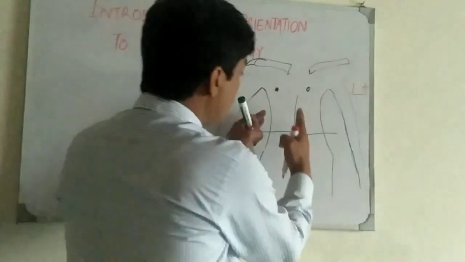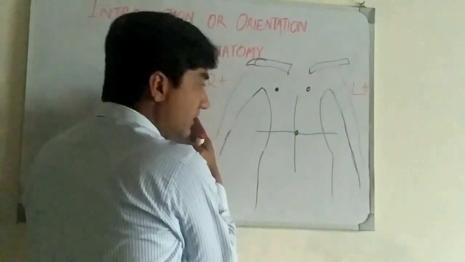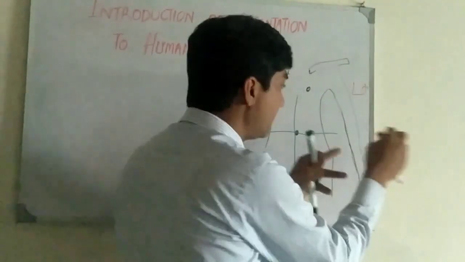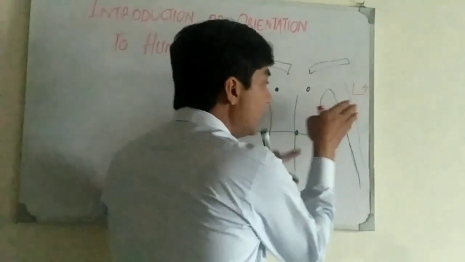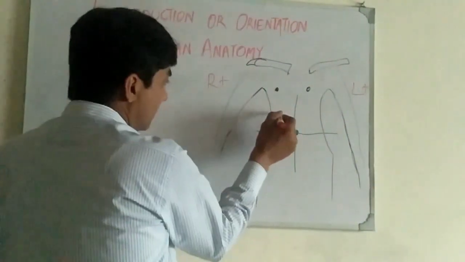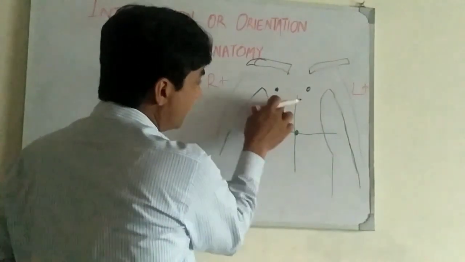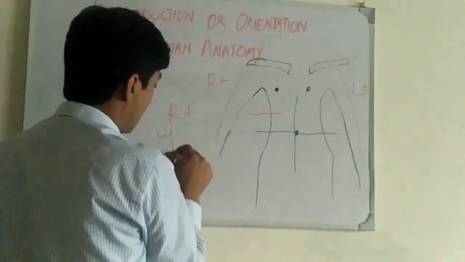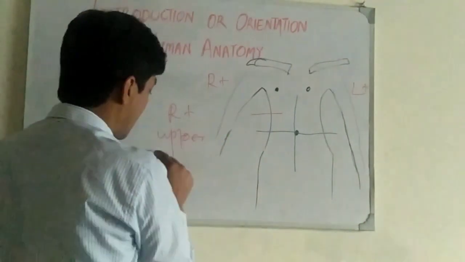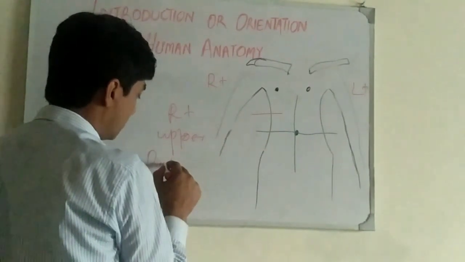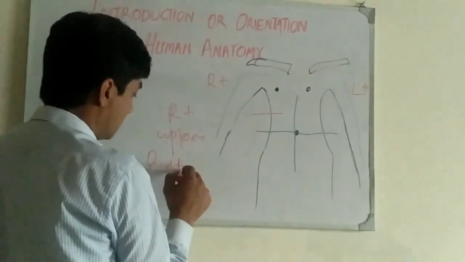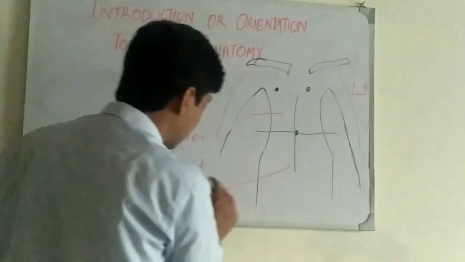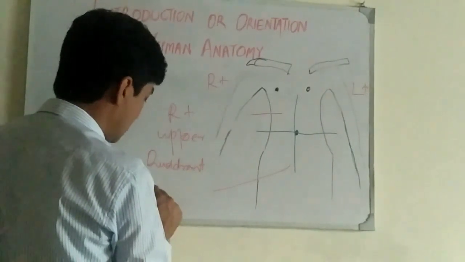The two quadrants at the right side are called right quadrants, and the rest of the two quadrants at the left side are called left quadrants. The upper side, this quadrant is called right upper quadrant. And at the lower side, this quadrant is called right lower quadrant.